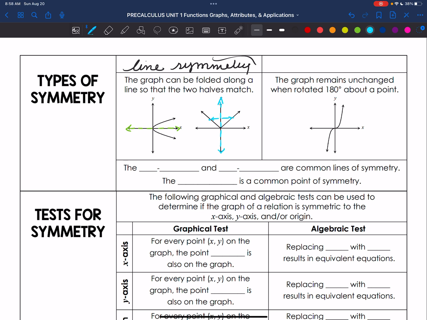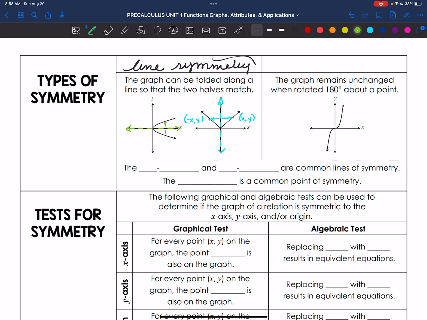You'll notice here that this point is the same distance away as this point. They are just opposites. They have the same y value, but their x's are opposite. This is a negative x and that's the positive x. Same distance away, but one is going in the positive x direction and one is going in the negative x direction.